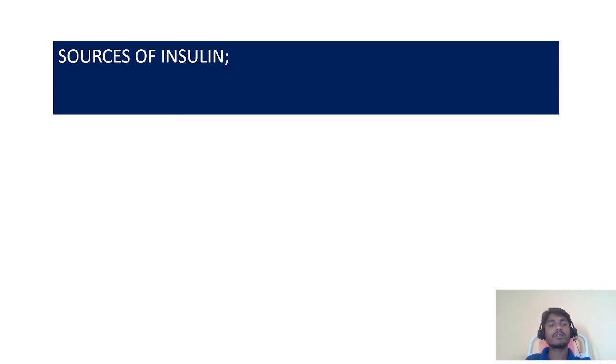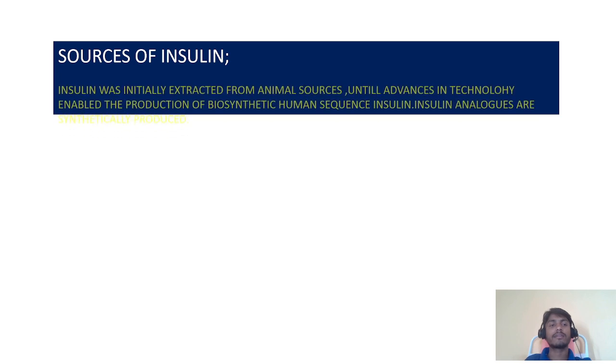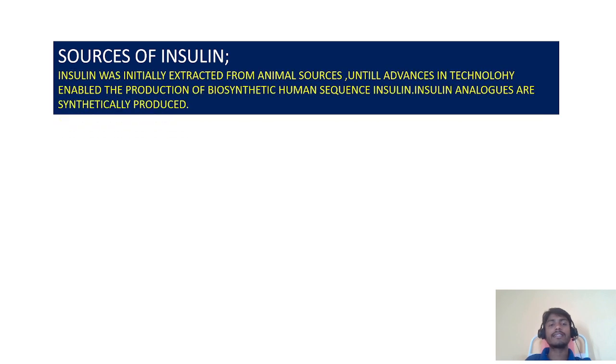Next comes the sources of insulin. Insulin was initially extracted from animal sources, until advances in technology enabled the production of biosynthetic human sequence insulin.